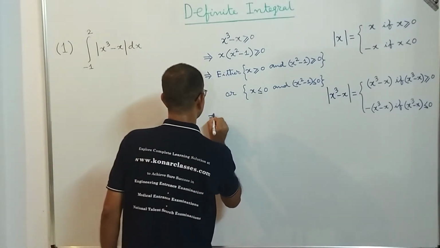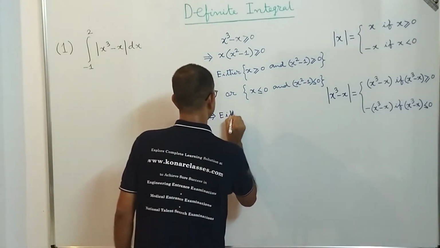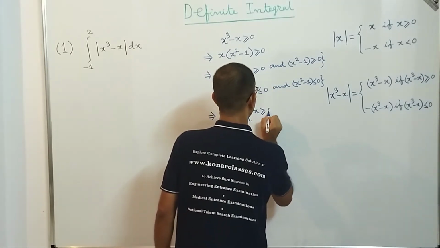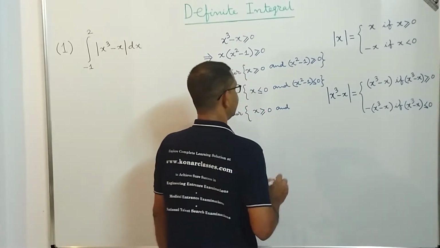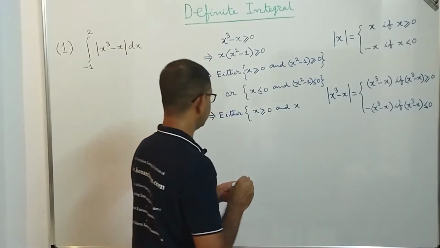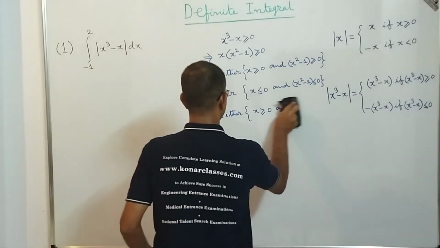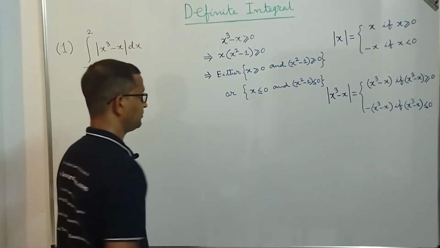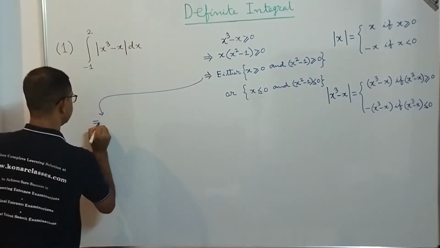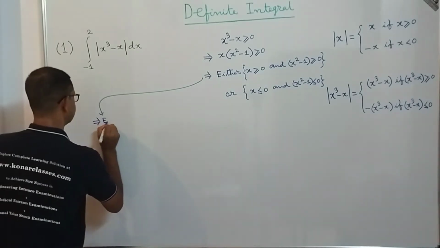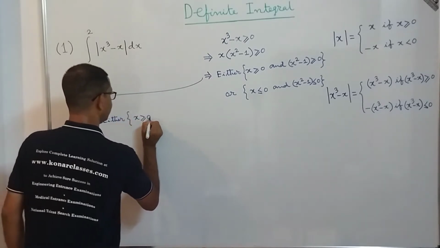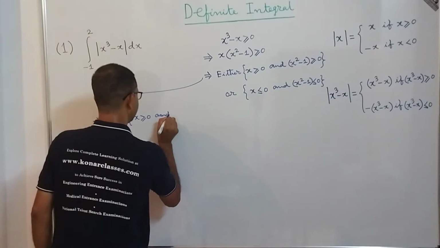So from here, dear students, this implies either we get x greater than or equal to 0 and x square minus 1 greater than or equal to 0.